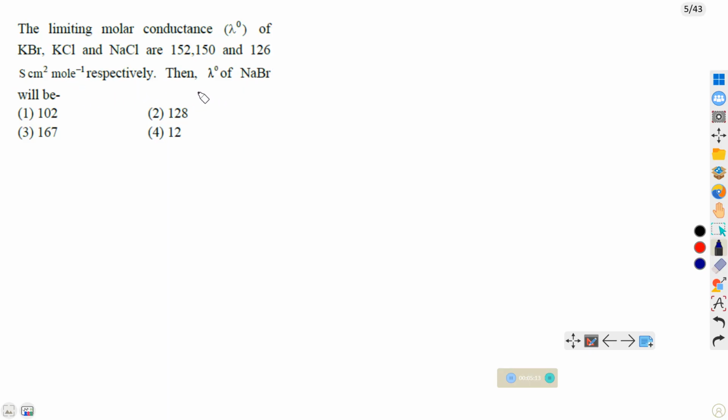The limiting molar conductance of KBr, KCl, NaCl are 152, 150, 126 Siemens centimeter square mole inverse respectively. Then lambda naught of NaBr will be? Now apply Kohlrausch law. According to Kohlrausch law, lambda naught NaBr is equal to: sodium ions are present in NaCl, bromide ions are present in KBr.